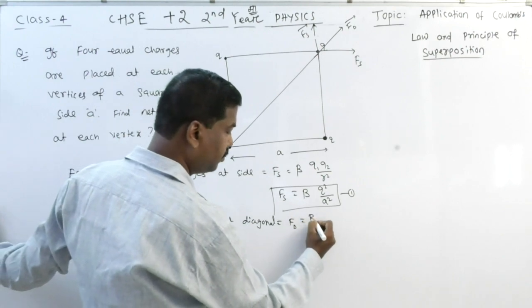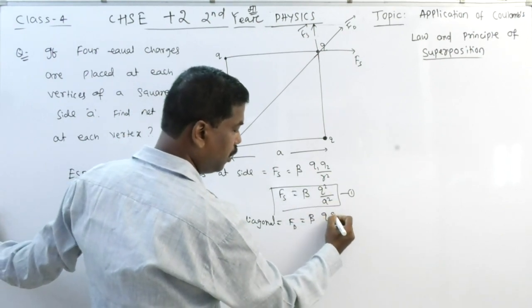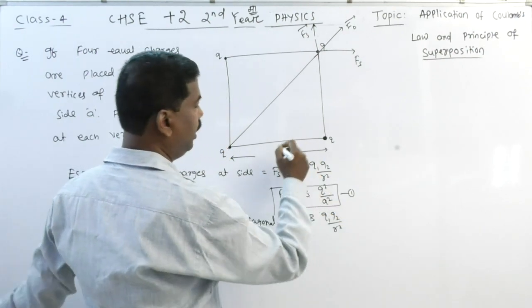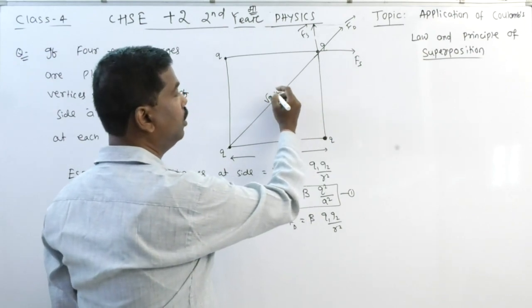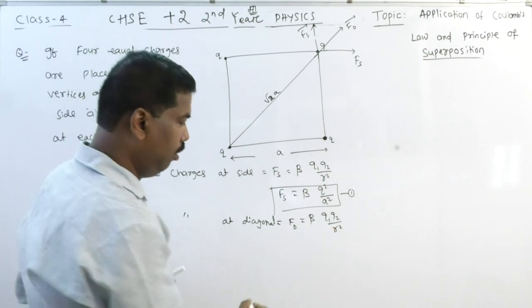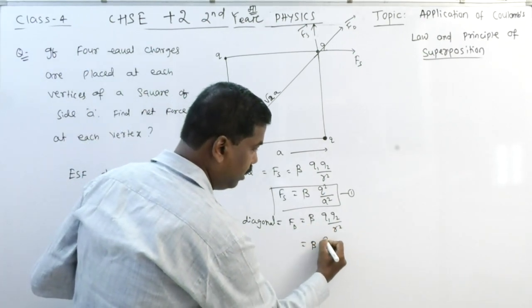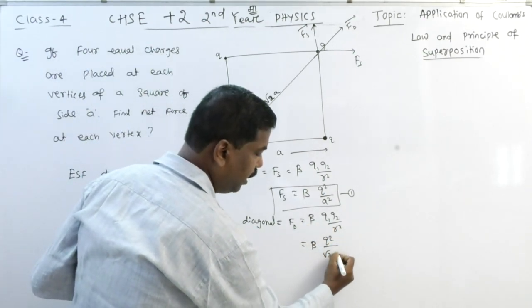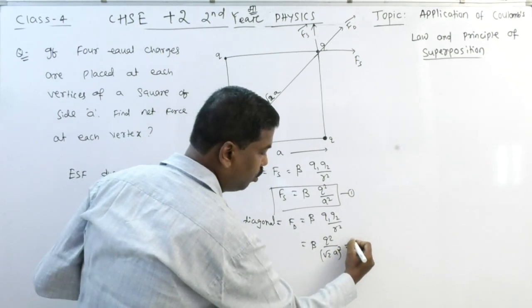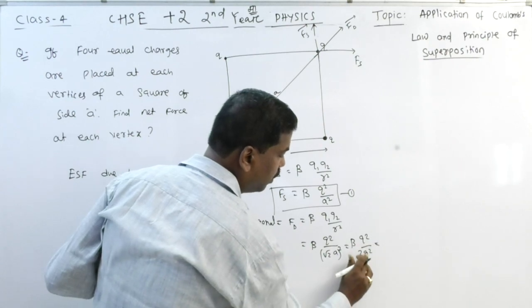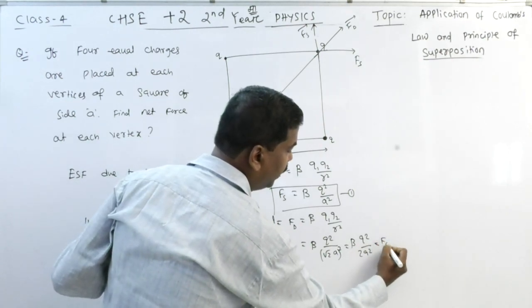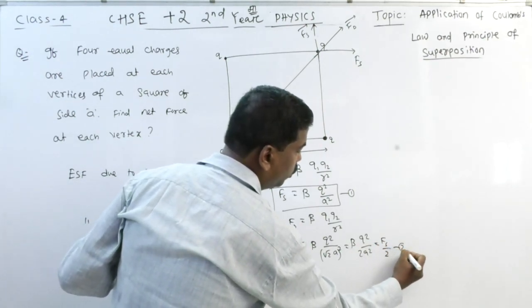How much? Beta Q1 Q2 by R square. The distance is root 2 A. So beta Q square by root 2A square is equal to beta Q square by 2A square, or Fs by 2, equation number 2.